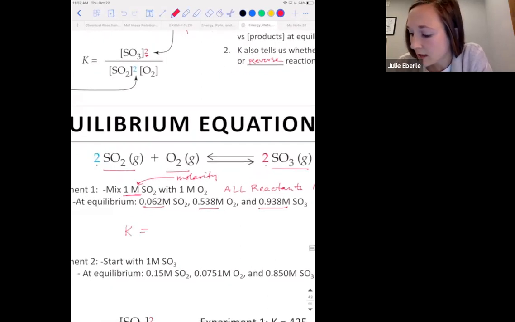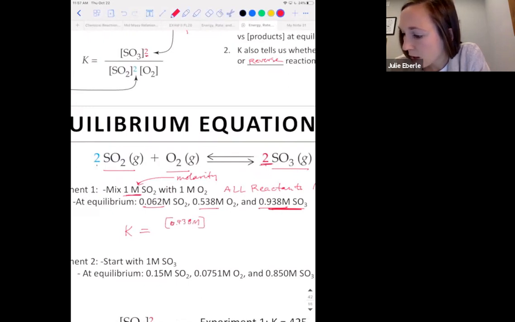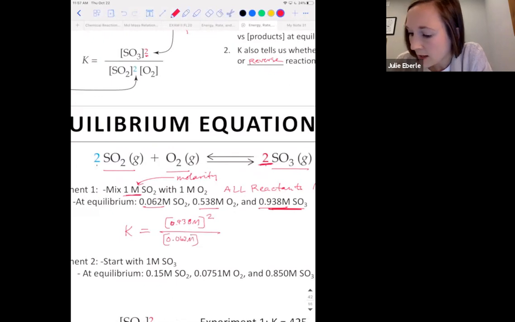We're going to say K equals, this is the product, so it goes on top. I'm going to put it in brackets, 0.938 molar. That's a concentration. I'm going to raise it to the power of 2 because our coefficient here is 2. On the bottom, we're going to plug in our equilibrium concentrations. 0.062 molar for SO2, and the coefficient there is 2, so I'm going to raise it to the power of 2.